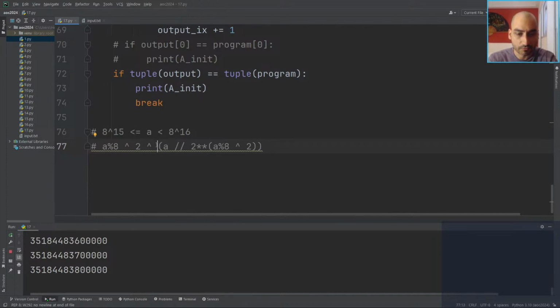There's also XOR 3. Well, this is interesting. Can we simplify this? If we're XORing with 2 and 3... wait, what's 2 XOR 3? It's 1, isn't it? So that simplifies to 1. XOR with 1 just means you flip the last bit.